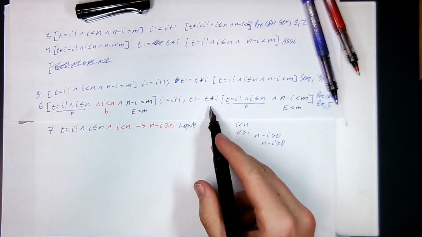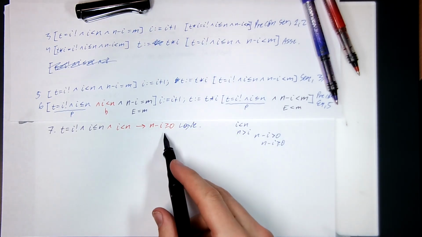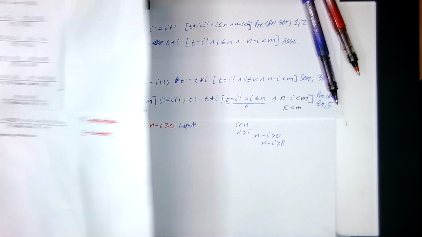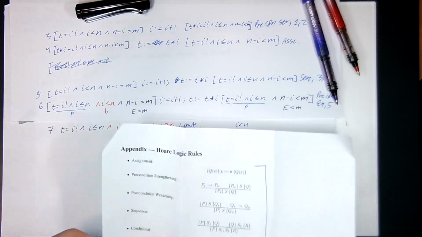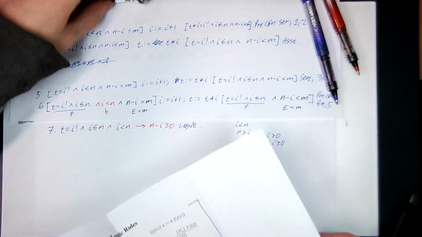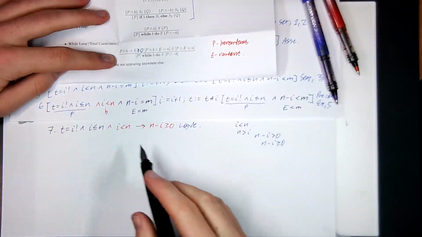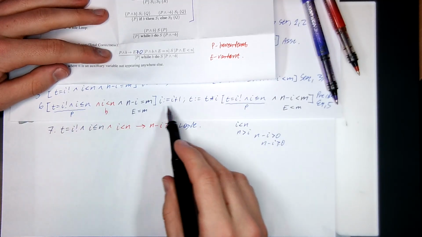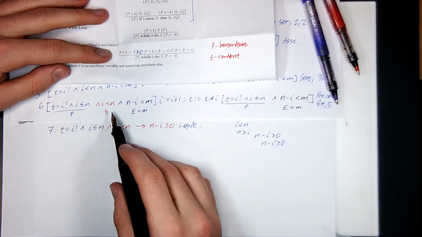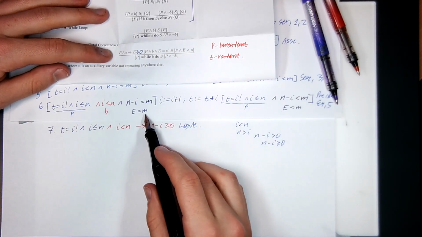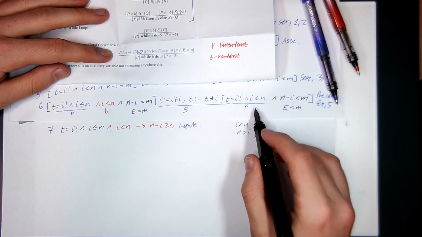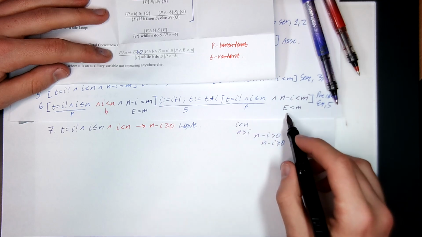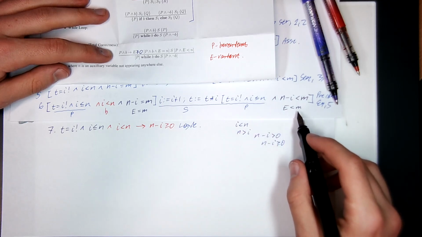So then I can put this whole statement together with this whole statement using my new fancy while rule to get what I really wanted. So we will put this here. I've got all of this junk. I've got P and B and E equals M. Do the code S. Then afterwards P still holds and E is now strictly smaller than what it was.